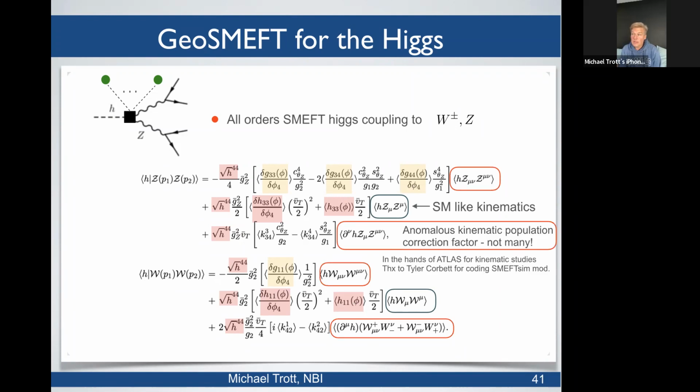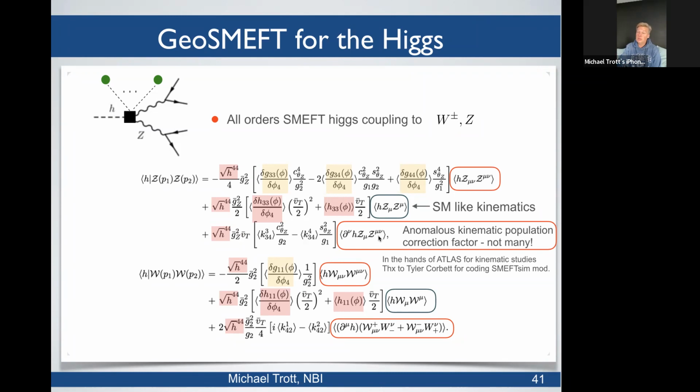And this sort of understanding lets you understand a little bit more efficiently what we need to put in code for the experimentalists to go from dimension 6 to dimension 8 in terms of interpreting the data, because this anomalous kinematics only appears first at dimension 8 for this off-shell vertex. And that is essentially telling you a little bit of information about when they do acceptance corrections and start to study the data, and think about how much things will dramatically change due to their cuts going from dimension 6 to dimension 8.